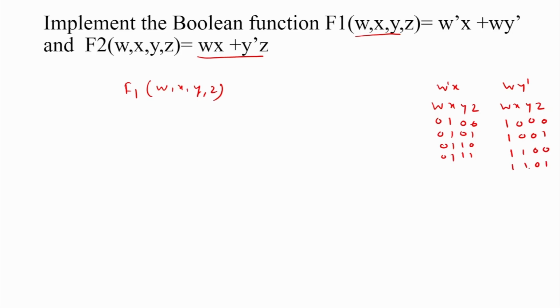This means simply what are the min terms here: this represents m4, this represents m5, similarly m6, and this is m7, similarly m8, m9, m12 and m13.